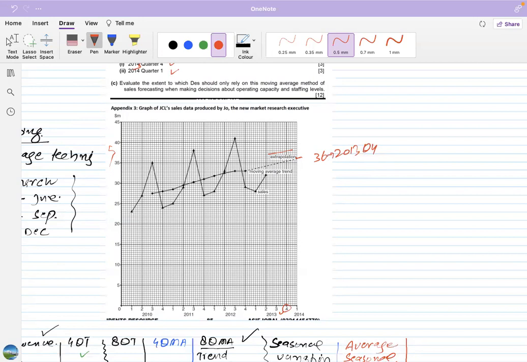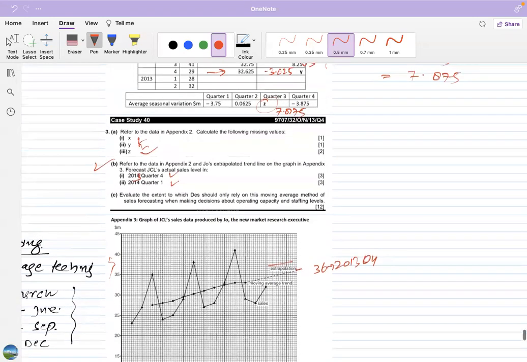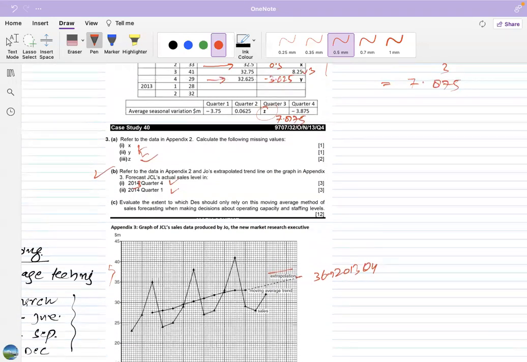But that 36 only is not enough. That 36 is the estimated line calculation. We need to adjust the values for the average seasonal variation in that too. The average seasonal variations we might have calculated, or they might be already given to us. The quarter 4 value, because we are doing 2013 quarter 4.